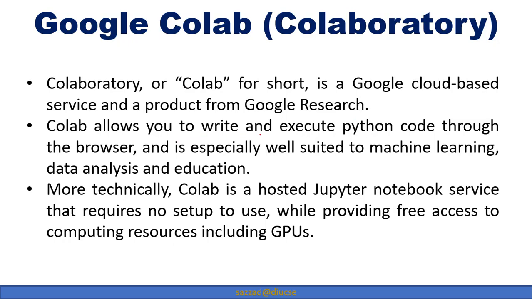Colab allows you to write and execute Python code through your browser, and is especially well suited to machine learning, data analysis and education. More technically, Colab is a hosted Jupyter Notebook service that requires no setup to use.